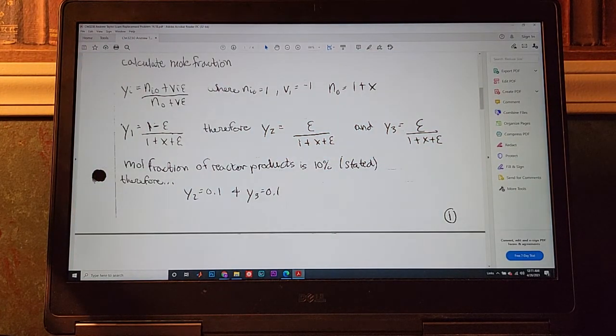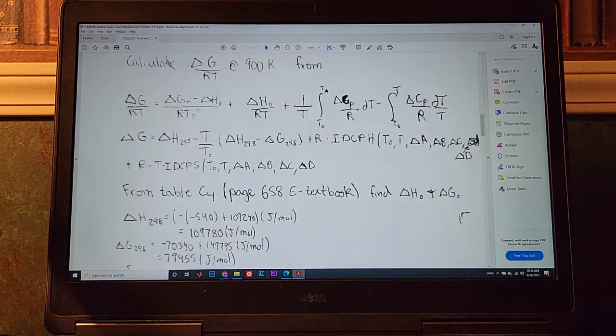And as stated in the problem, the mole fraction of reactor products is 10%, so we know these values.